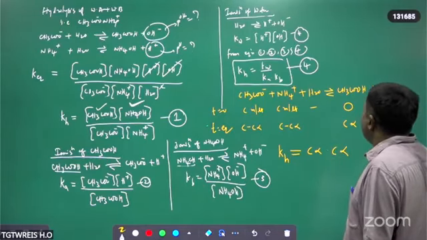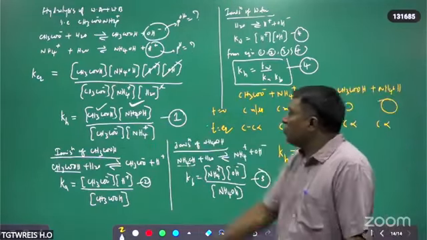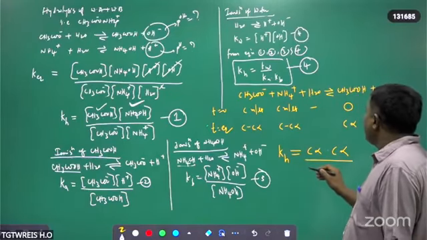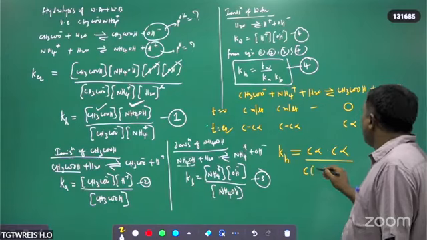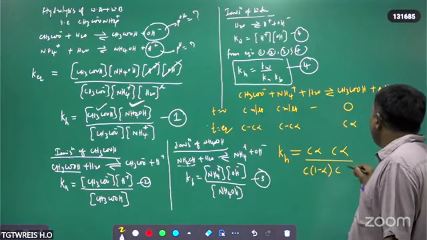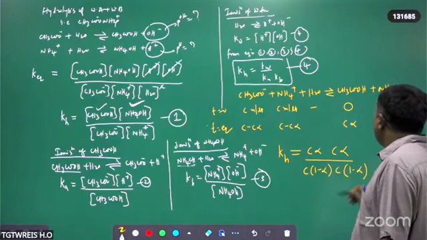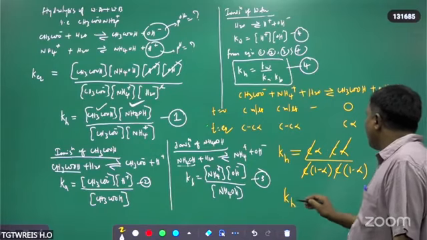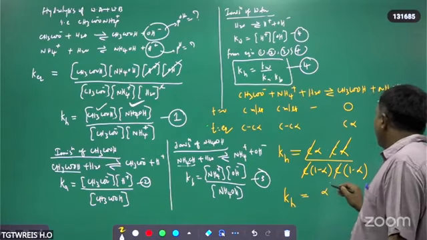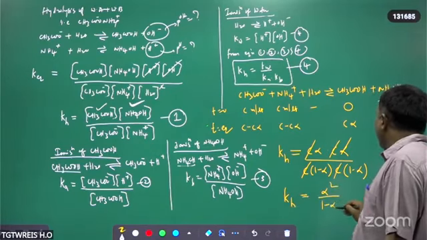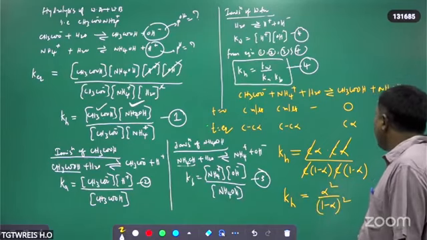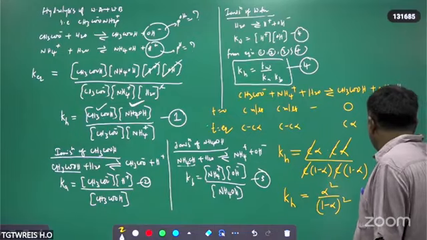The acetate anion concentration is C minus C alpha, C into 1 minus alpha, and also C into 1 minus alpha. So the C's cancel. Therefore, KH is equal to alpha square by 1 minus alpha whole square.